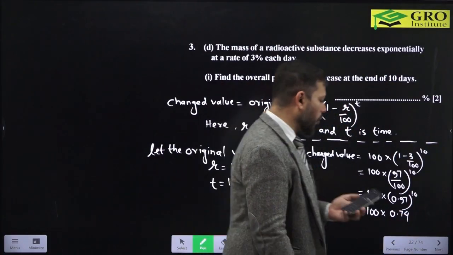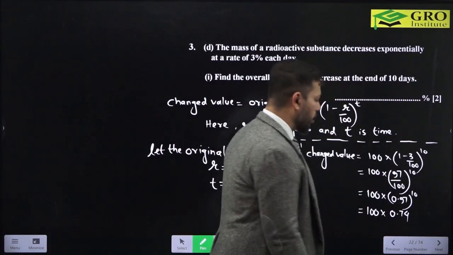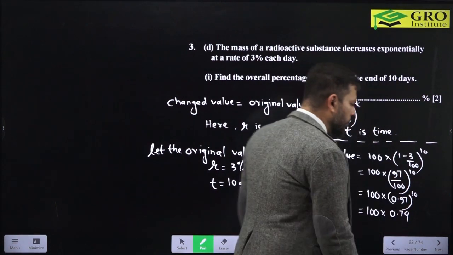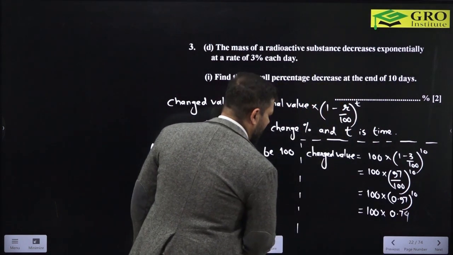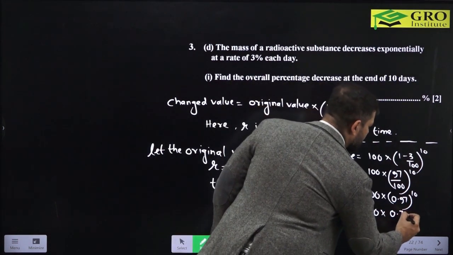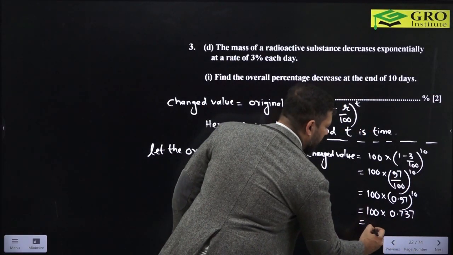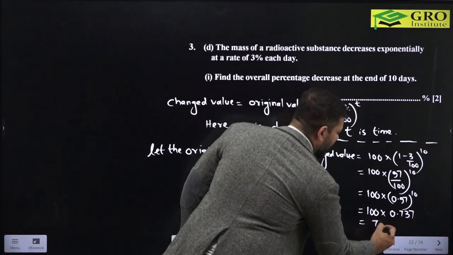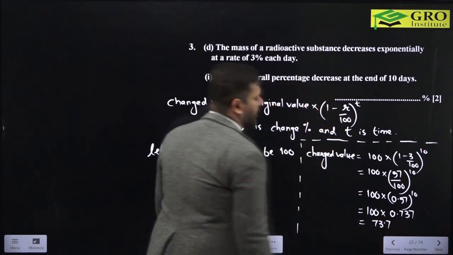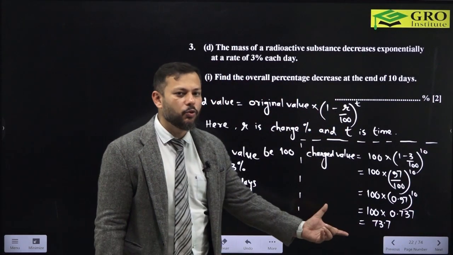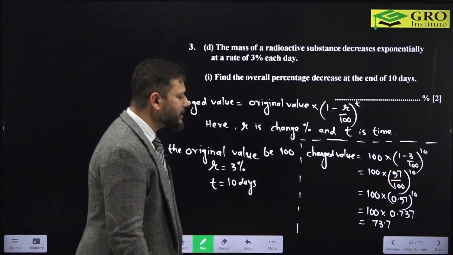It is 0.74. Or if I write it in more detail, it will be 0.737 to be exact. Let us take it like that, 0.737. And when I multiply it with 100, I will get it as 73.7. So the changed value, guys, is 73.7.